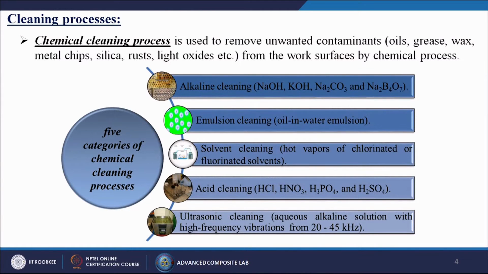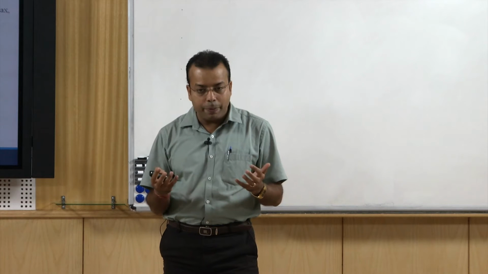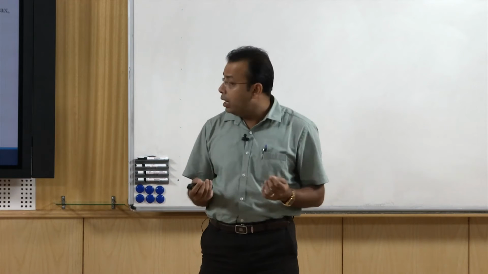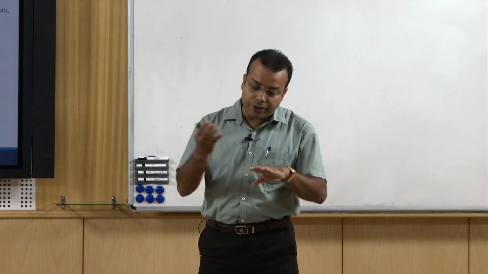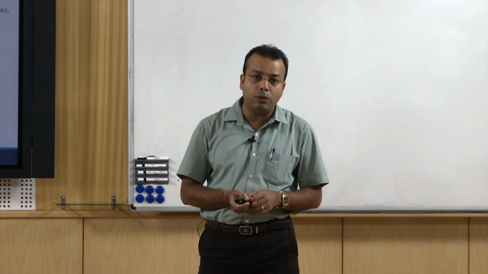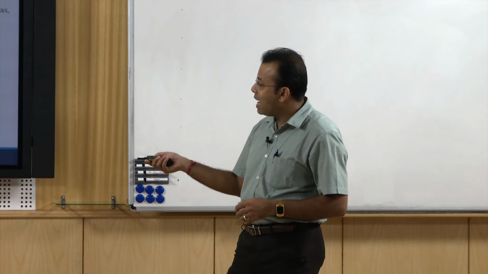Next is solvent cleaning, using hot vapors of chlorinated or fluorinated solvents. First we create vapors of chlorine or fluorine solvents, which can react with the outer surface of the material and clean it. Next is called acid cleaning.